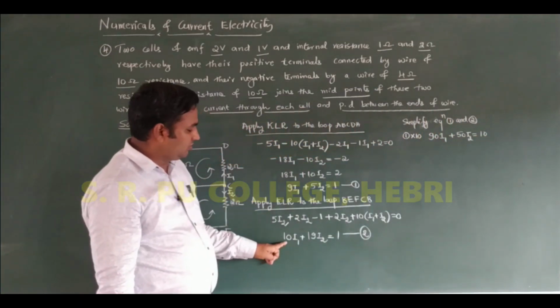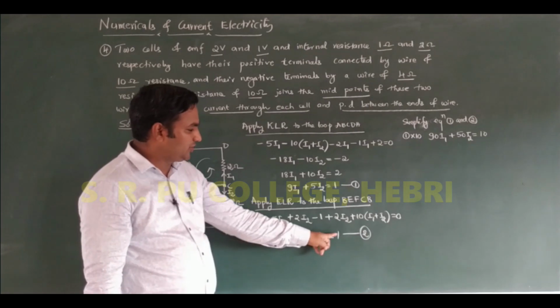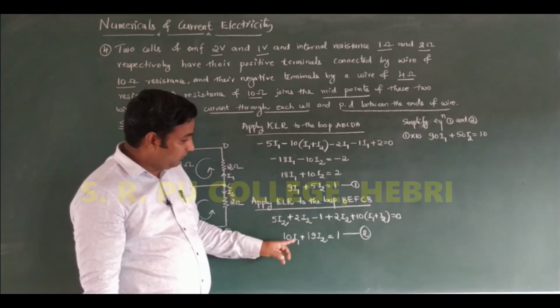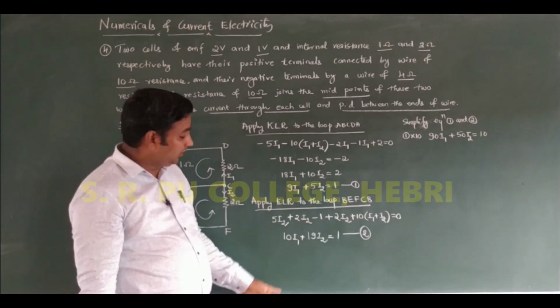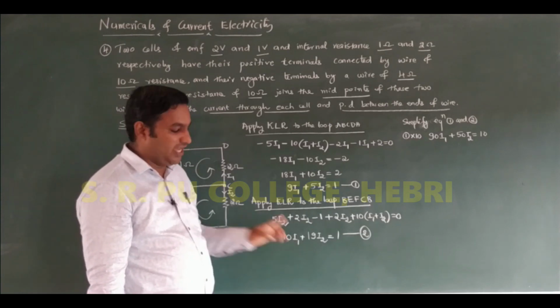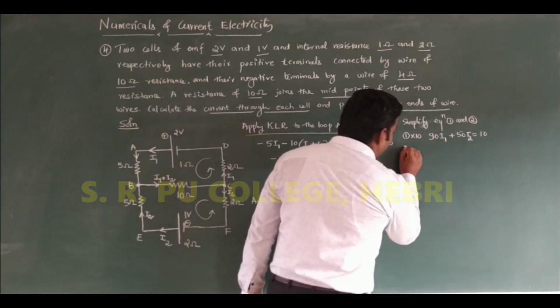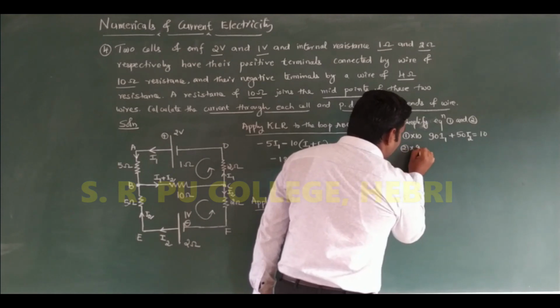Second equation, 10 I1 plus 19 I2 is equal to 1. Again for this, I want to multiply how much? 9. Equation 2 into 9.